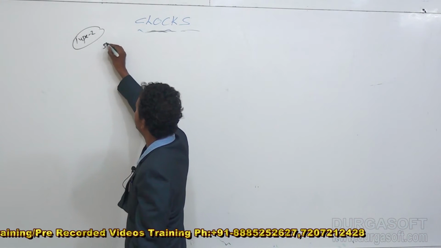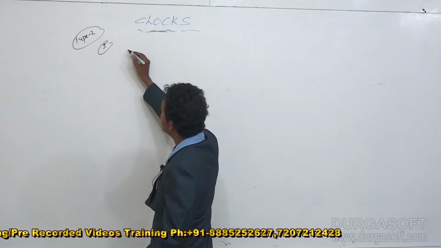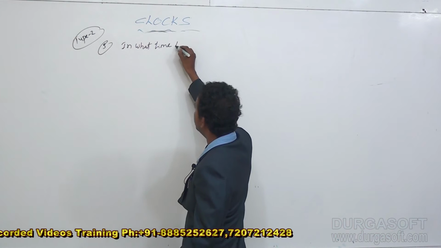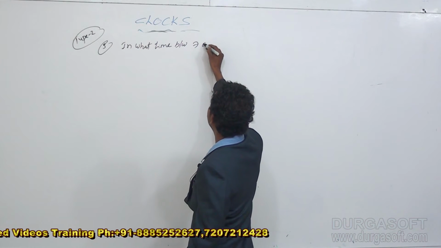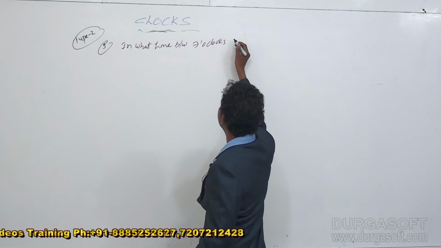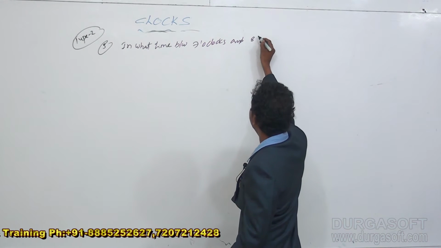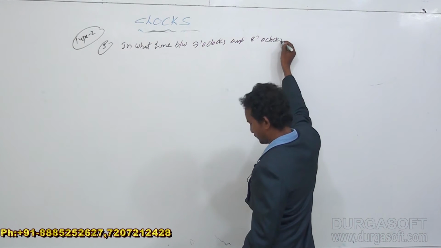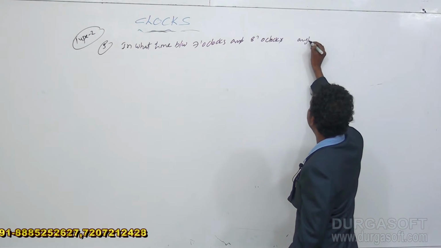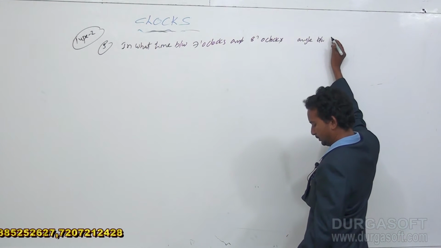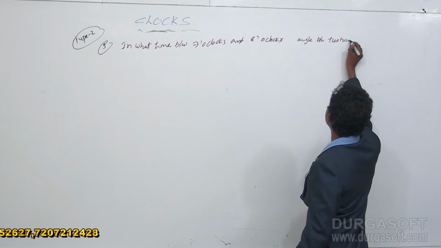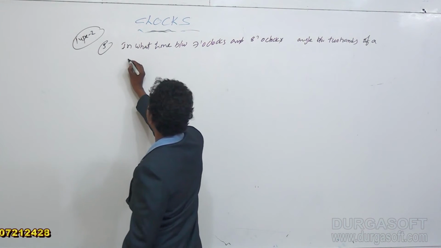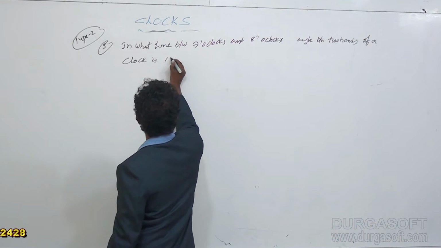Now the fifth problem: in what time between 7 o'clock and 8 o'clock is the angle between the two hands of a clock 180 degrees?